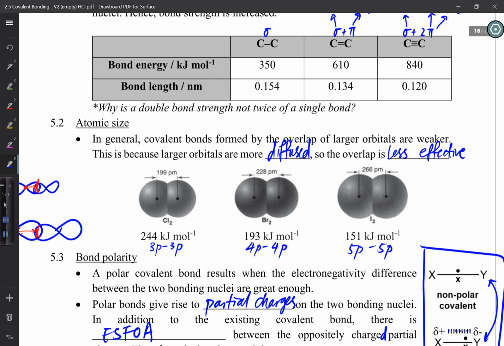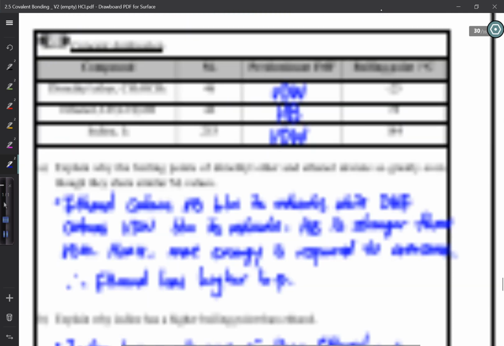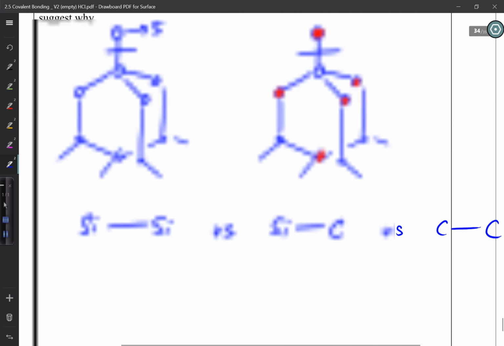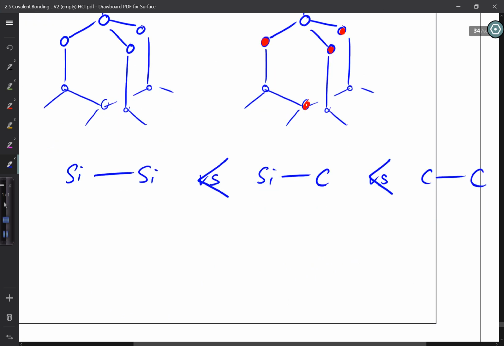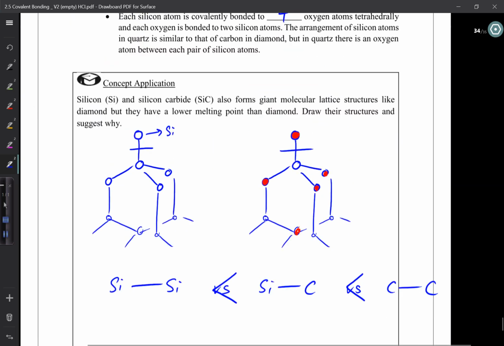Understand? So therefore, alright, the trend is basically like this. Alright, this is stronger than this, stronger than this. You can put a note here, revise, page, don't know what, previously.